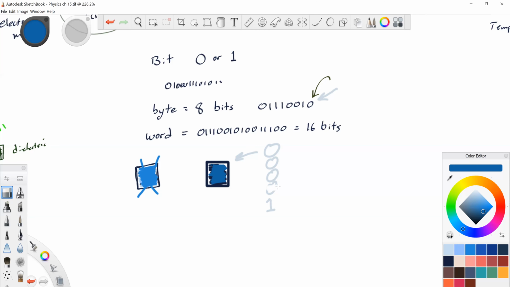And now I'm going to say, you know what, it's 0, 0, 0, 1, 1. 0, 0, 0, 1, 1 means a little more. That means 2 1s were on the screen. Gets a little bit brighter still.